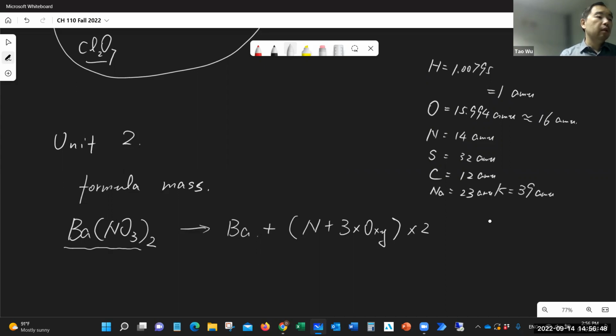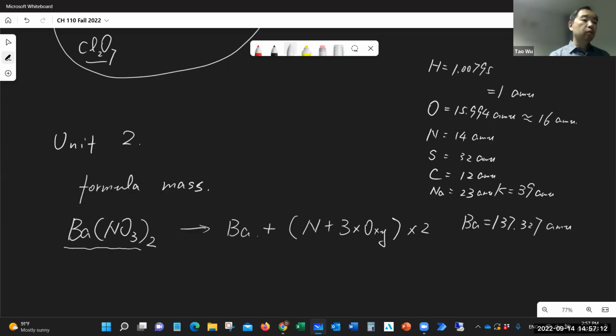But what if it's an element which is not that common? What should I do? Like barium. The mass for the barium atom is 137.327 AMU.